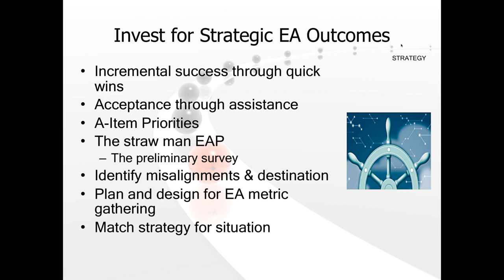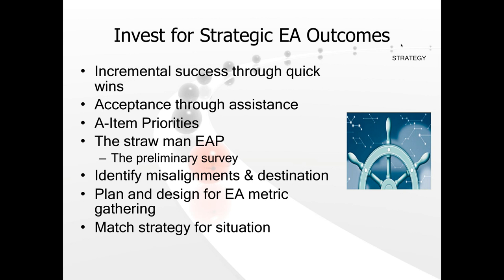We really had to invest in strategic enterprise architecture outcomes. And so, to assist in the biggest pain points, we had to take a look at the visible areas. So, we had to make incremental success, and we're going to get acceptance in doing this through assisting people.